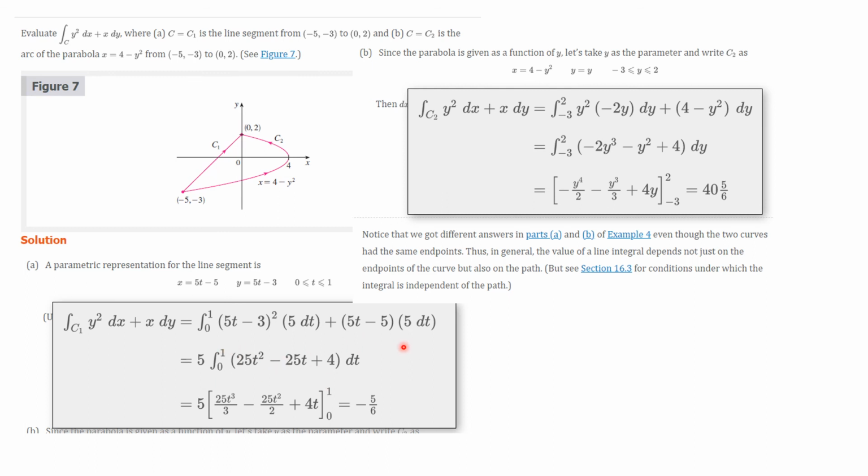I calculate this integral, and again, I do expect you to do it, but we get minus 5 over 6. Notice we can get a negative number.